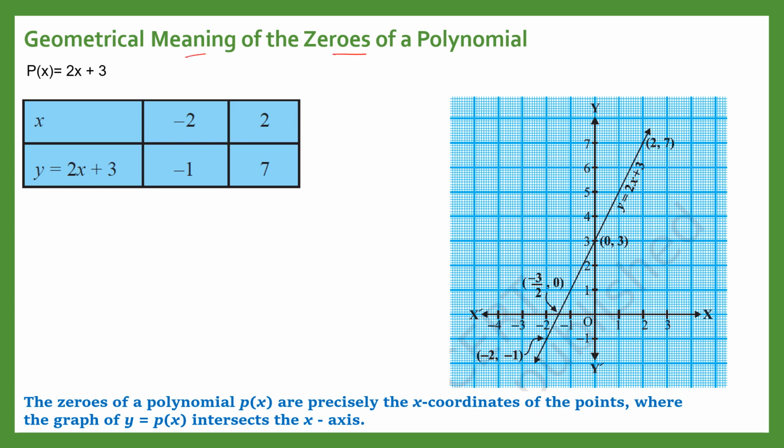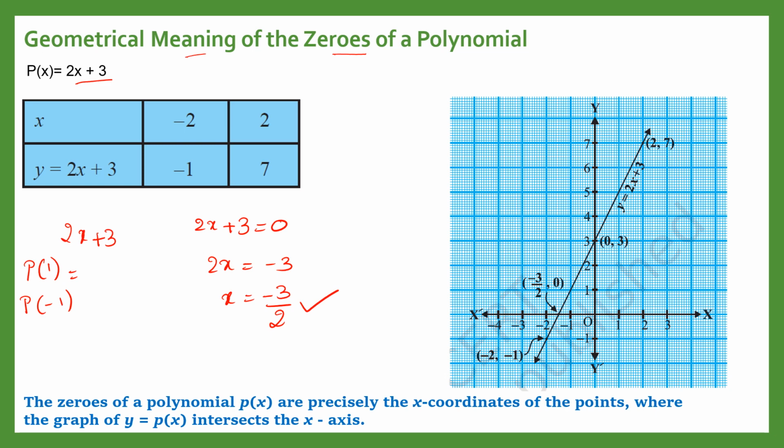See, you have the polynomial 2x plus 3. You can do the trial and error method. You can substitute x as 1, p of 1, then you can substitute p of minus 1 and check. This is one method. What is another method? If you make this equation equal to 0, you will get 2x is equal to minus 3, x is equal to minus 3 by 2.